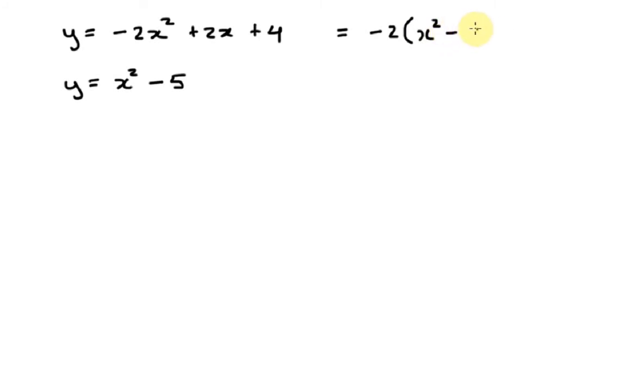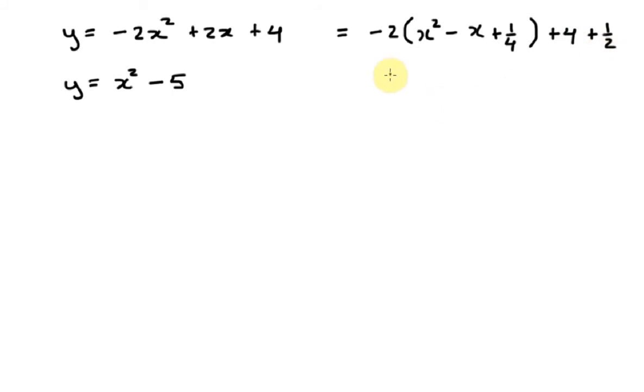We've already factored out -2, so I just need to have -x here. Then we'll leave a little space, so we got plus 4. So I need half of 1, which is 1/2. Squared is 1/4. Now what we actually put in here was -2 times 1/4, which is -1/2. So I'm going to have to add 1/2 to that.